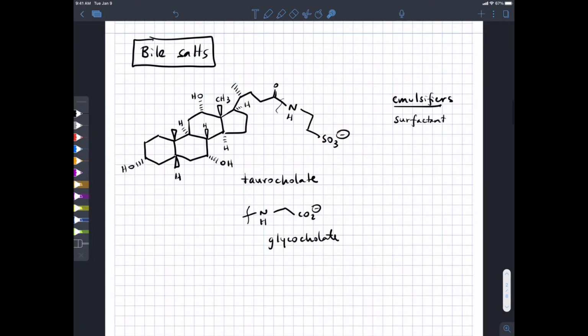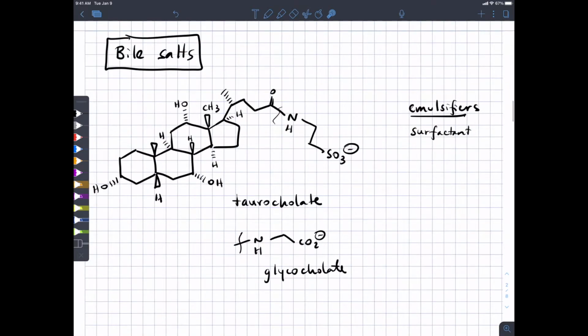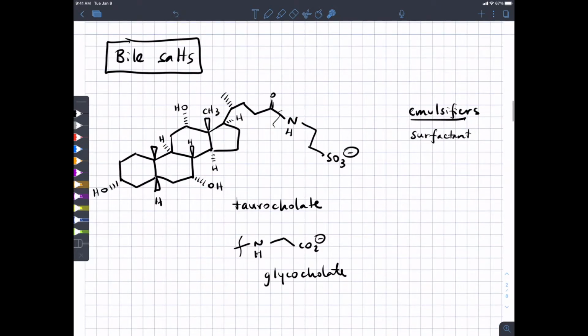Bile salts. This is what makes it so you can handle fat in your diet. This molecule is called taurocholate, and depending on what this side chain group is, it can be different. So the property of this molecule is it solubilizes fat.